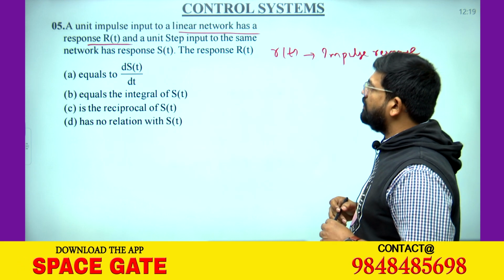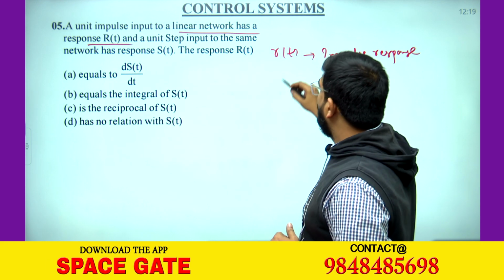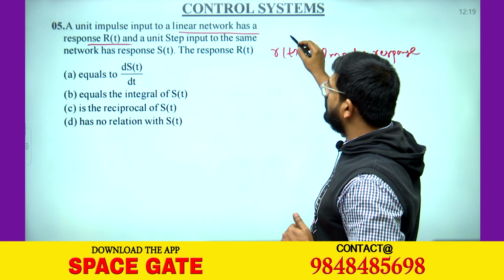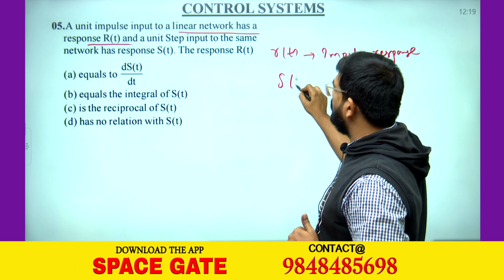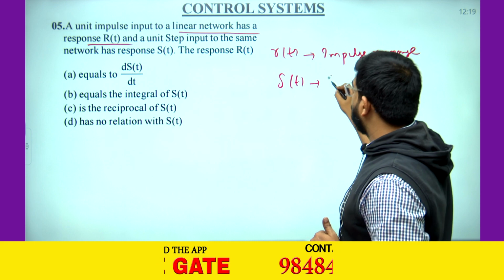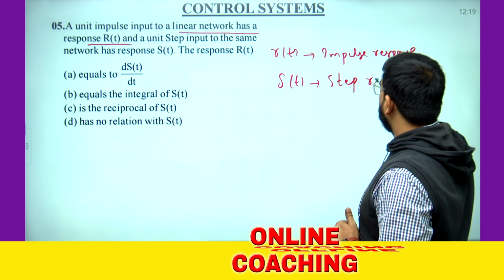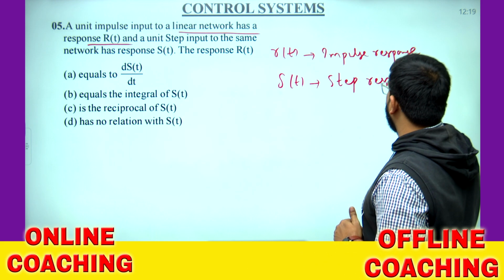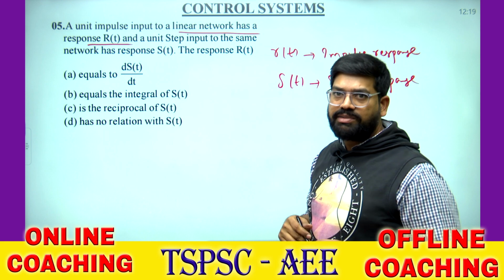And the unit step input to the system is giving S of t. R of t is what he is calling impulse response, and S of t is called the step response, right? Then what will be the relation among these?